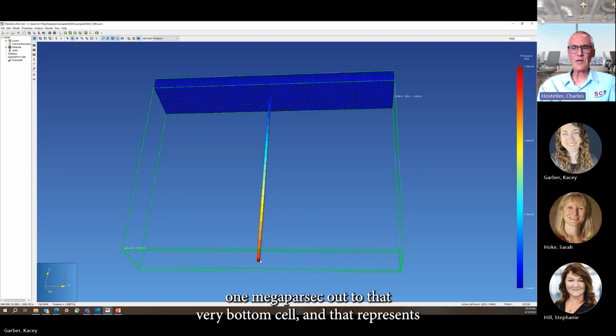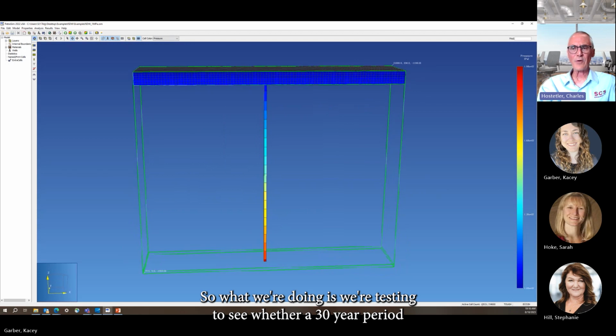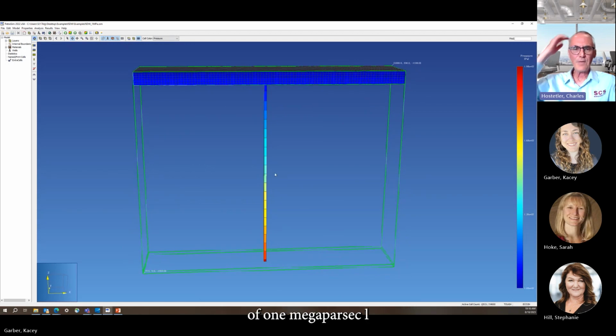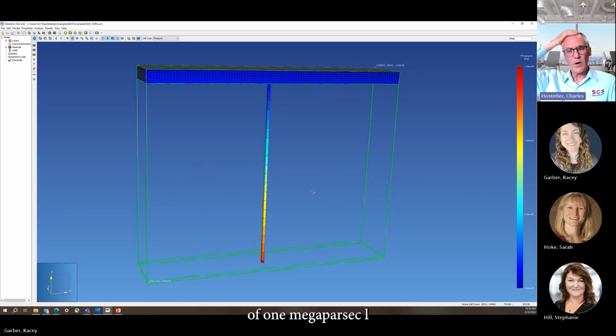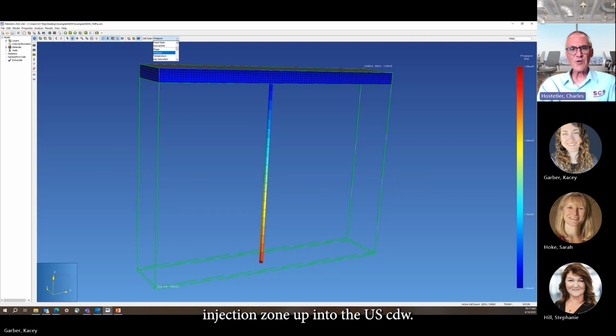And that represents the pressurization, the pressure buildup due to injection. So what we're doing is we're testing to see whether a 30-year period of 1 megapascal overpressurization can induce brine flow from the injection zone up into the USDW.